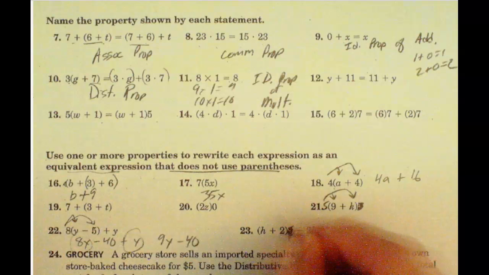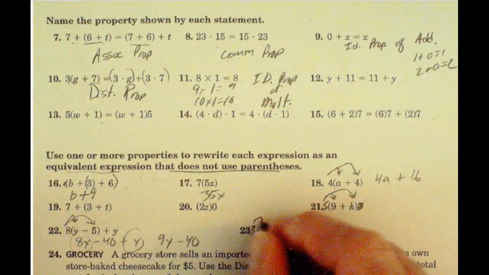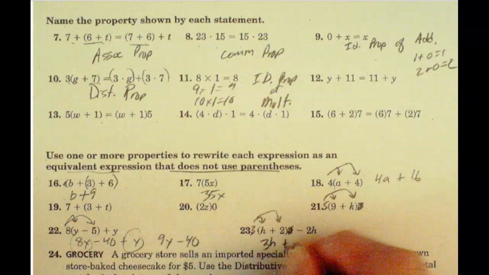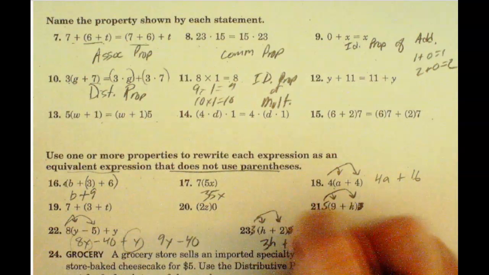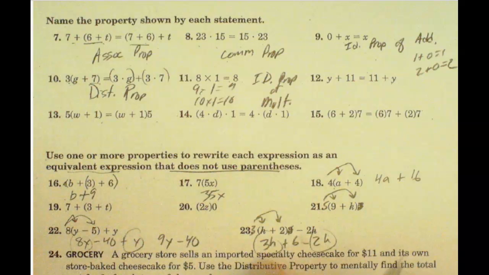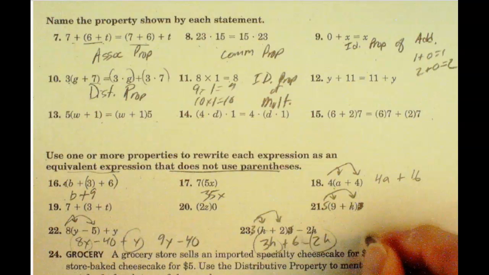We can move this 3 over here and distribute. We'd have 3h plus 6 minus the 2h. Well, these two are similar. They're like terms. You've got a positive 3 and a negative 2, so we could really just say that this is h plus 6. All right.